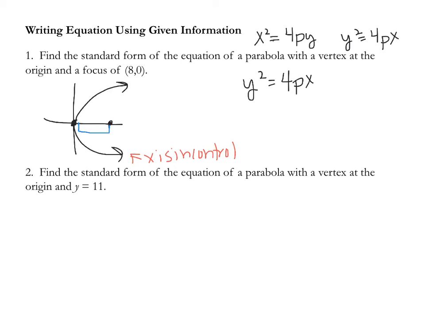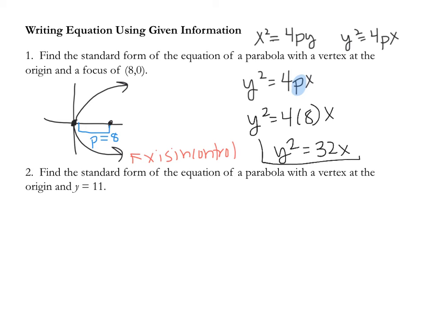P is how far out we moved from the center to get to the focus point. P is going to be 8. So then you just take that and plug it into the equation where the p is. And you're going to get y squared is equal to 4 times 8x. Your equation is y squared equals 32x. These shouldn't be too bad.